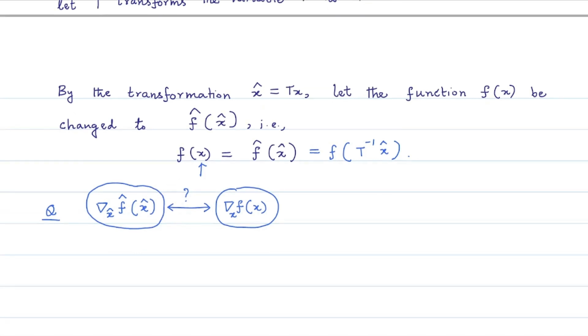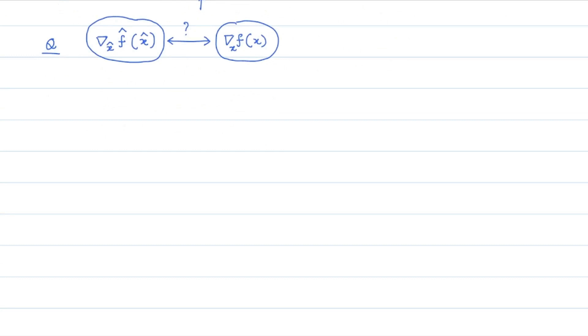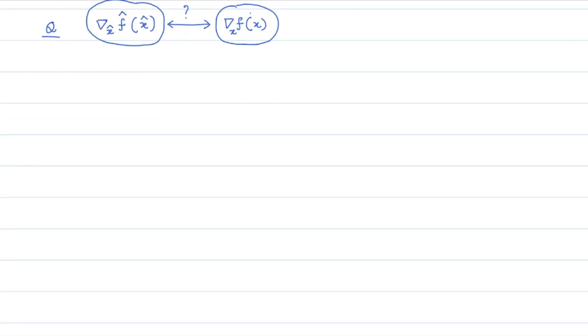Now we see that the components of this gradient with respect to x hat are the partial derivatives of the function f hat with respect to the variables xi hat.